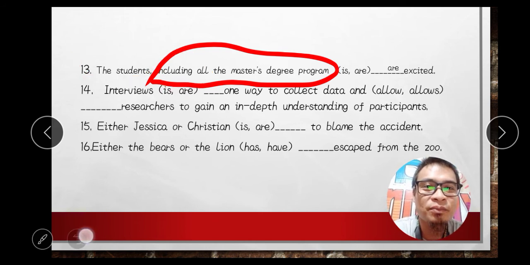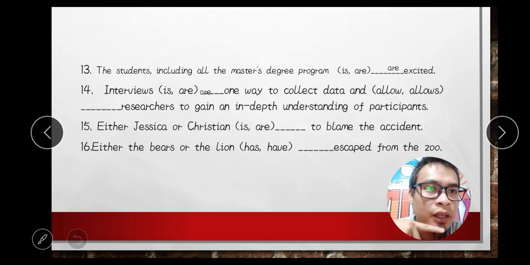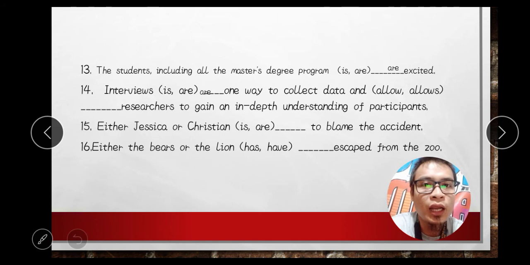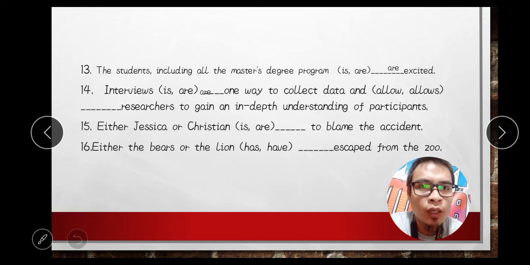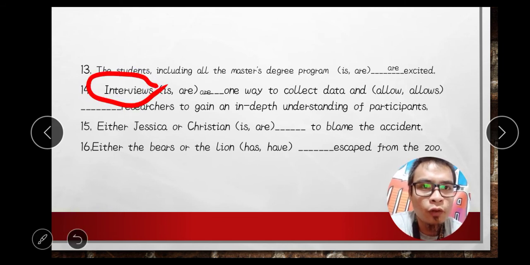Number 14. Interviews. So basically, interviews is plural. Are one way to collect data, and allows. Remember that our first subject in here is plural form, and after this subject, we have this plural verb.